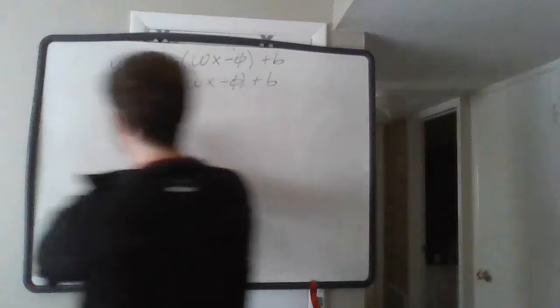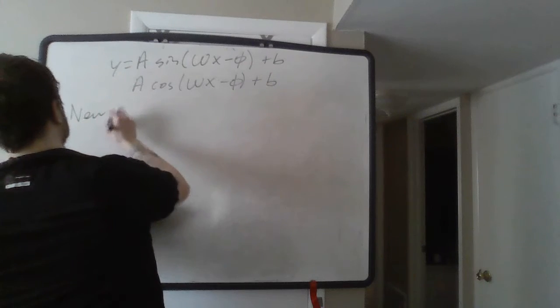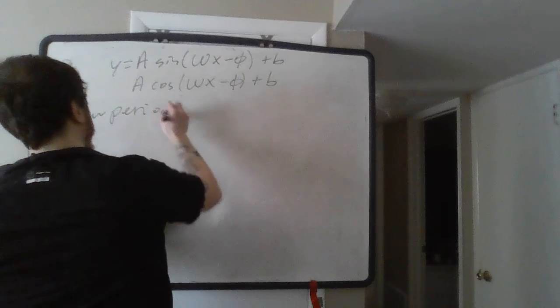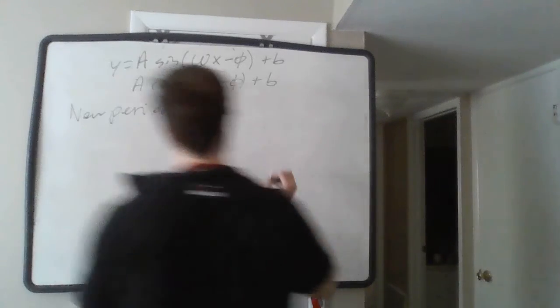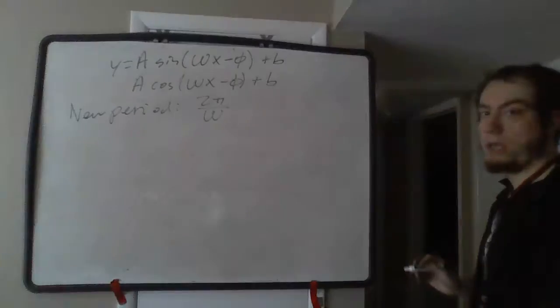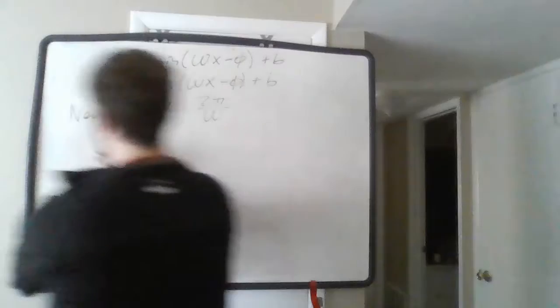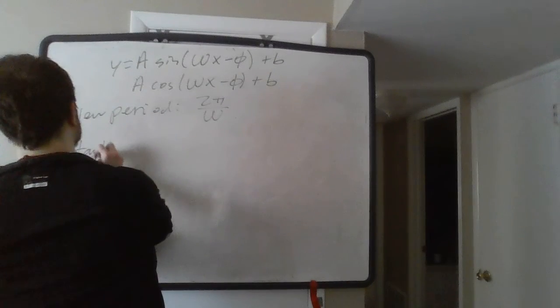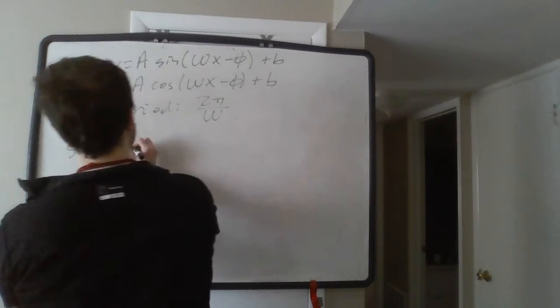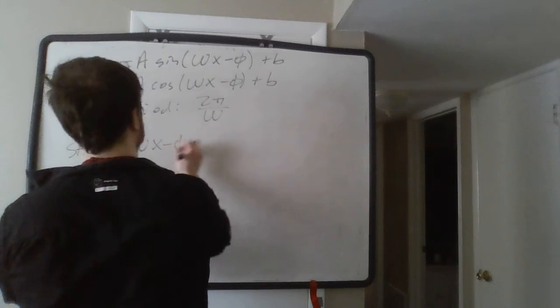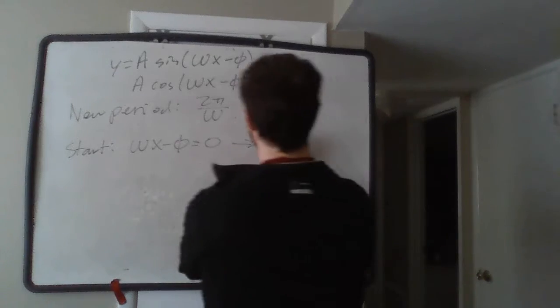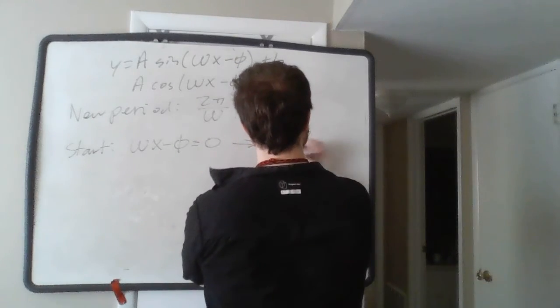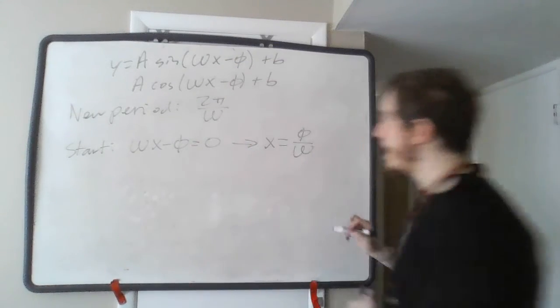The new period is going to be 2 pi divided by omega. The start of the period is going to be when omega x minus phi equals 0, and that is going to be when x is equal to phi divided by omega.